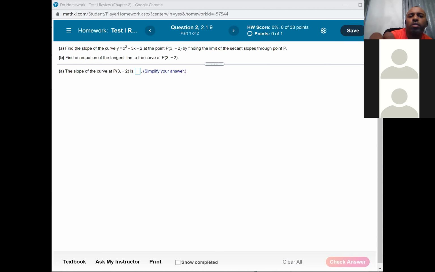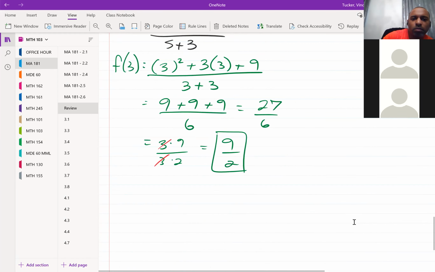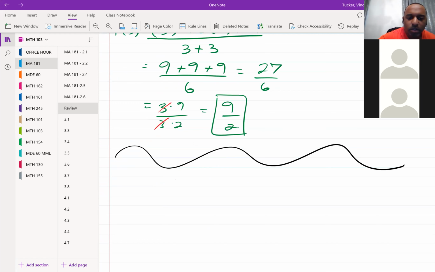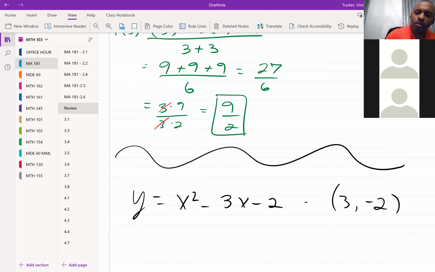All right, so go to review. We have the curve y equal to x squared minus 3x minus 2 at the point 3, -2, and then we want to find the equation.